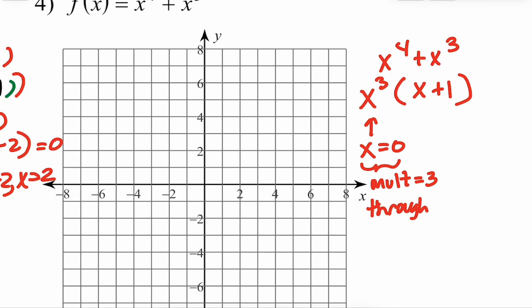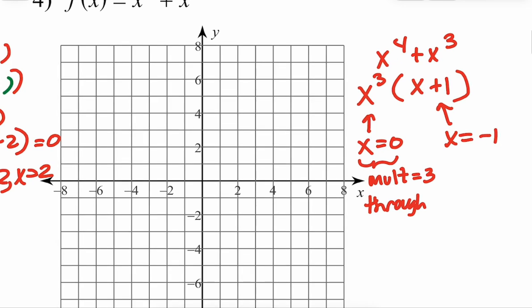Because if you plug in a negative, it doesn't change it. This one has a 0 at -1. Its multiplicity is 1, so we go through that as well. So why not put those on at 0? We touch the graph and at -1.